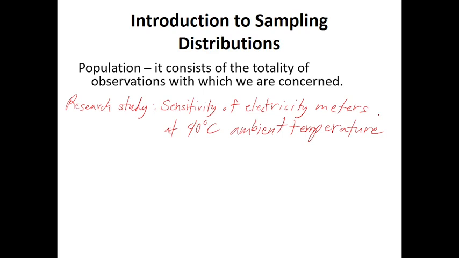That is what our research is all about. Now we will discover whether the energy measurement of that meter will be affected by an ambient temperature of 40 degrees Celsius. Then you will gather data, and in gathering data, there is what we call population.